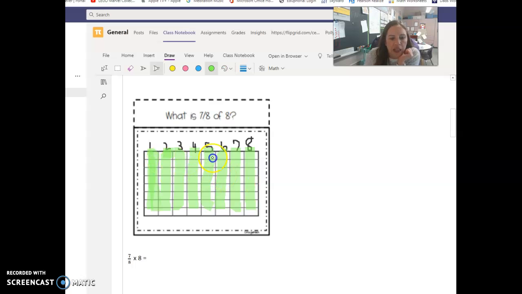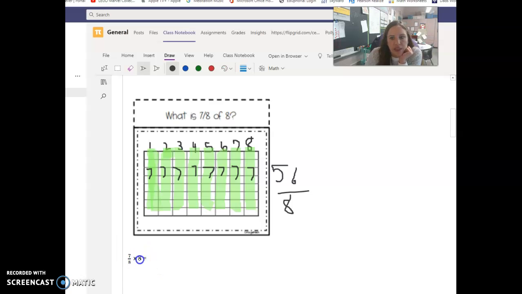If we highlighted 7 out of 8 in each row, we would have 7 here, 7 in each of these rows. Right? So it's kind of the same as saying 7 times 8, because I have 7 8ths highlighted 8 times. So I would have, according to my model, 56 eighths highlighted.